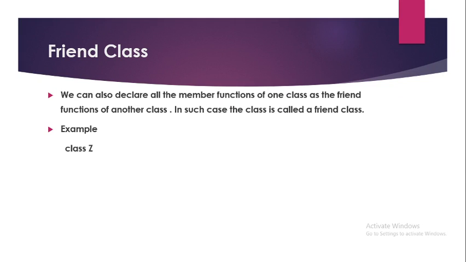For example, let us consider class Z. I am writing some declarations over here, and here I am declaring friend X, which we already declared in the previous slide.